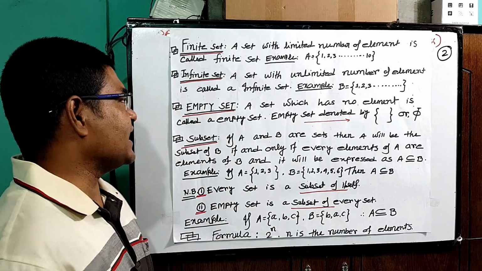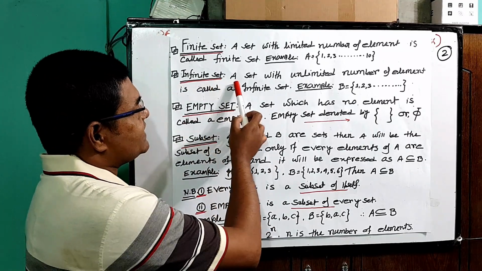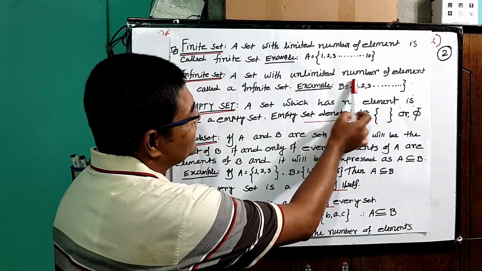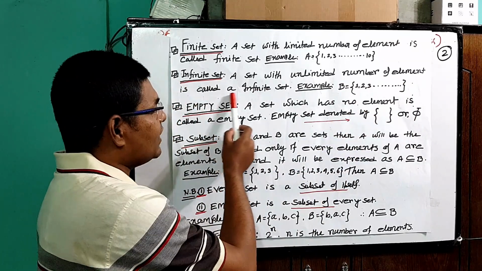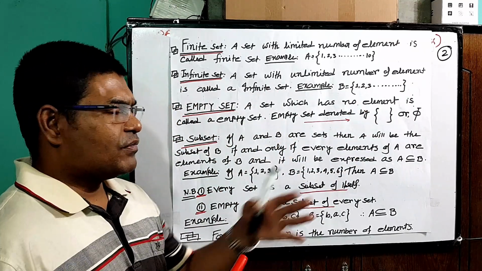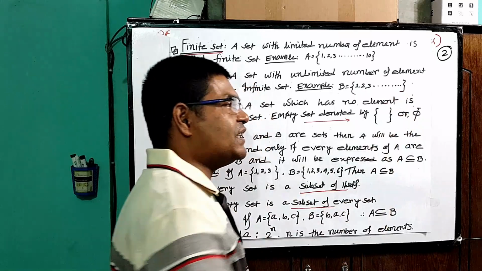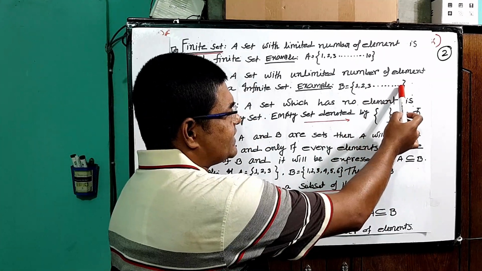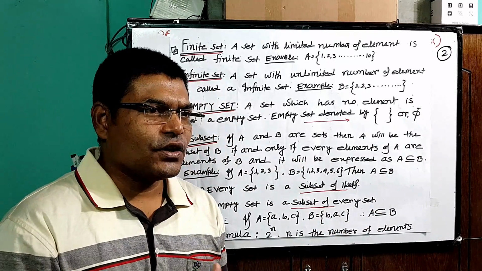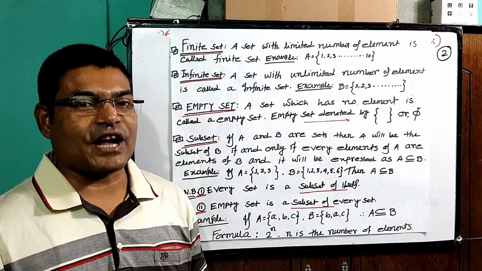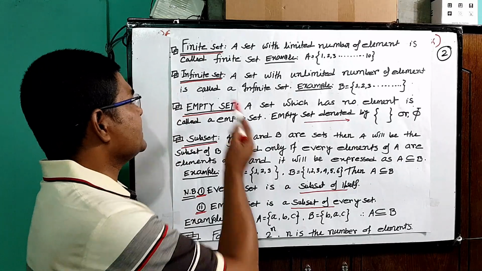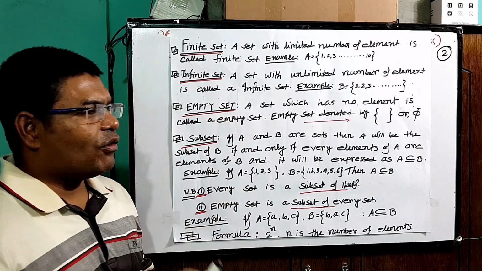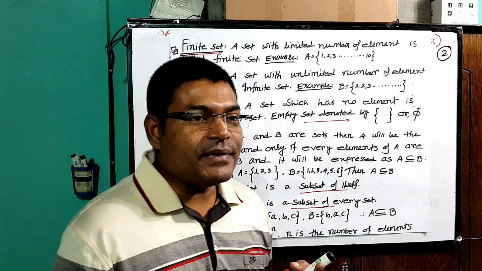And infinite set. A set with an unlimited number of elements is called an infinite set. Elements are not fixed. You can see here 1, 2, 3, here is no fixation. You cannot see any fixed number in the set. So this is infinite. Now we have to know the empty set.